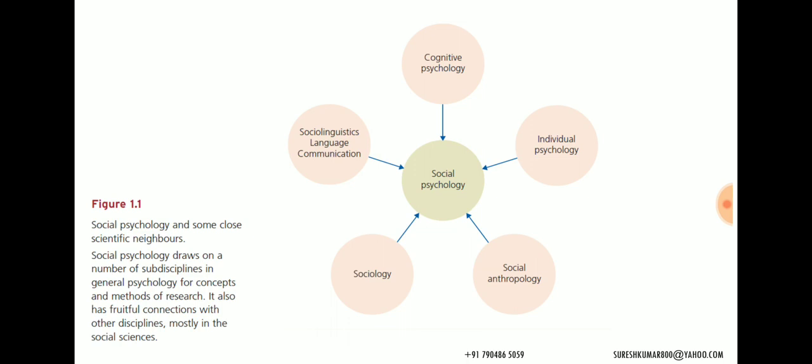And in social psychology, what are the important topics we will discuss? It is a mixture of different applied psychologies. For example, we will study cognitive psychology, individual psychology, social anthropology, a little bit of sociology, social linguistics, language and communications. These are the important topics covered in social psychology.